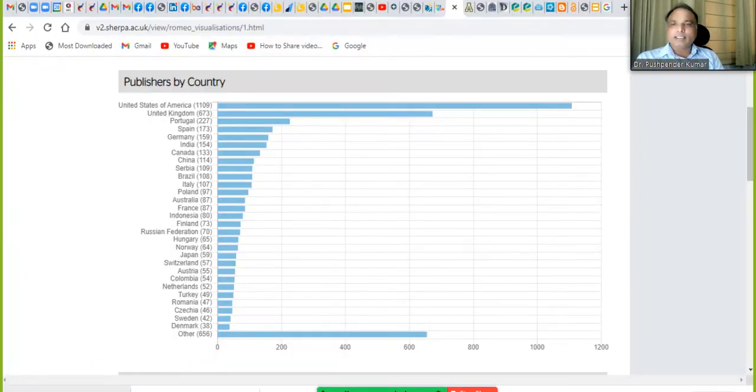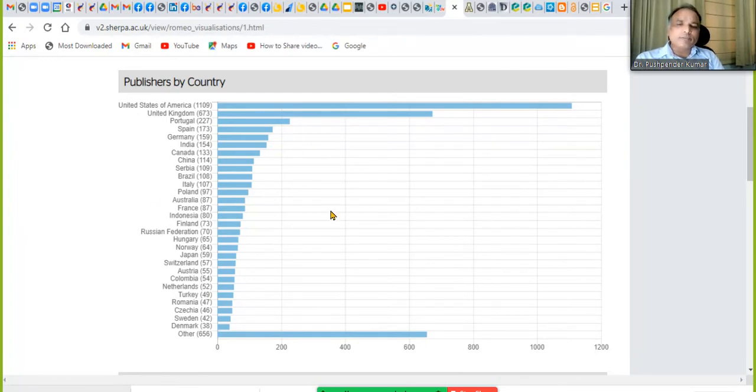Here you can see these many journals: 1109 in the US, 673 in the United Kingdom. So this is the number of journals in each country. In India, 154 publishers are there on Sherpa Romeo.